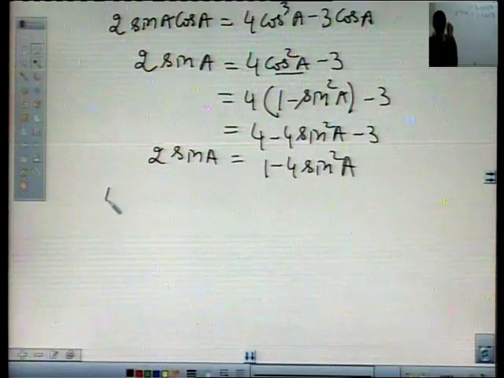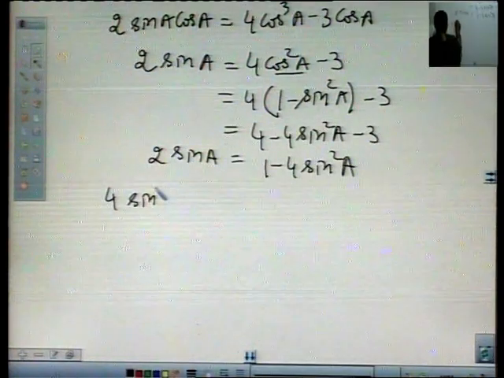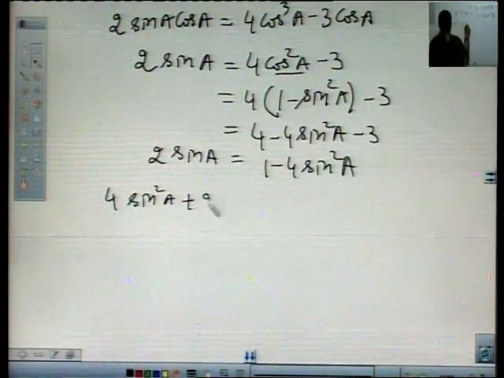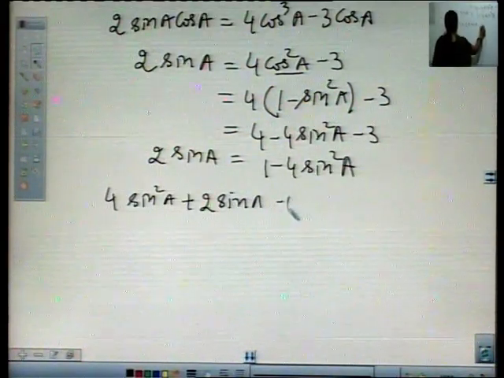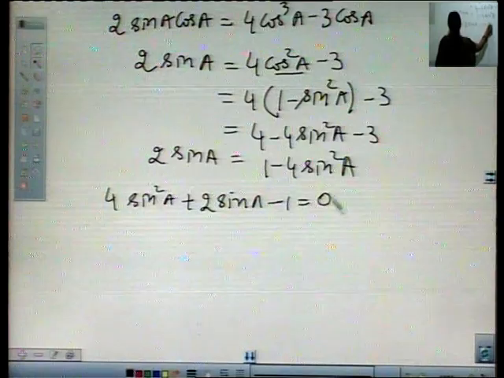Now 4 sin square A plus 2 sin A minus 1 equal to 0.